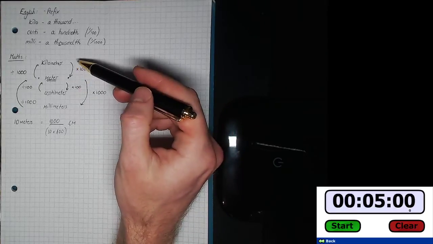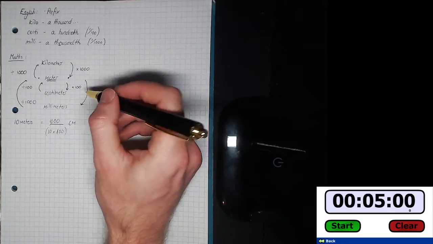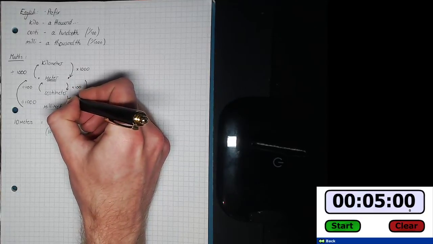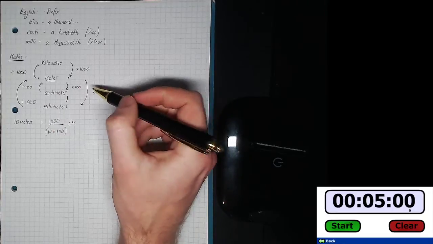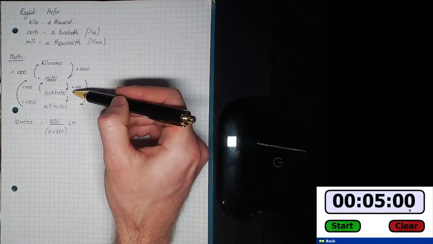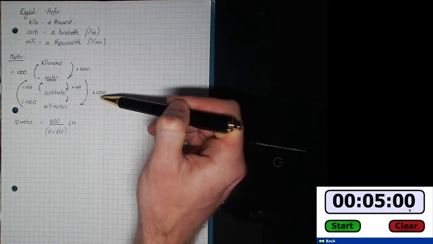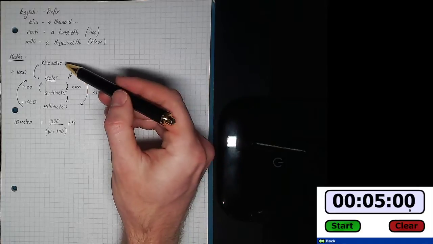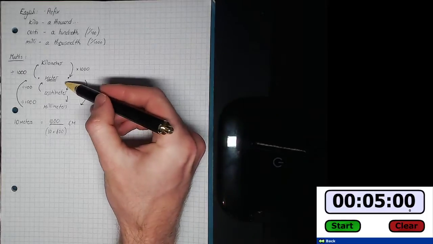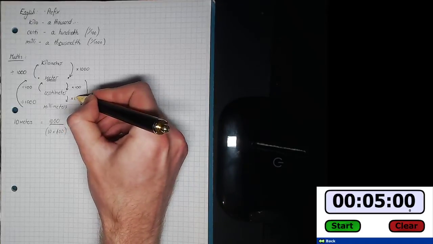Now, if we were to look to find out some of the little bits in the middle, we can do that. The only one which we've not really covered here is looking at centimetres to millimetres. To get from metres to centimetres, we would times by 100. To get from metres to millimetres, we would times by 1,000. So to get from timesing by 100 to timesing by 1,000, I would have to times by an extra 10.